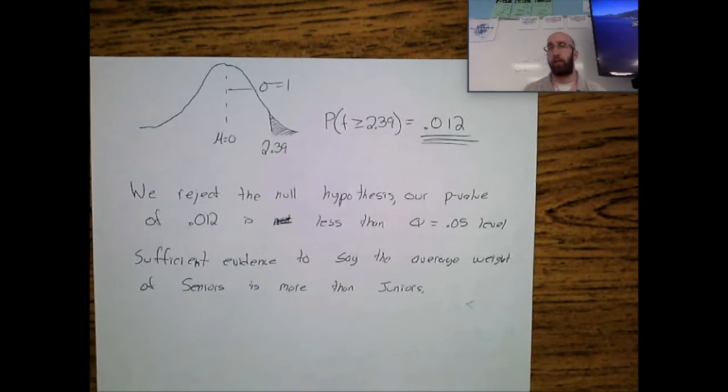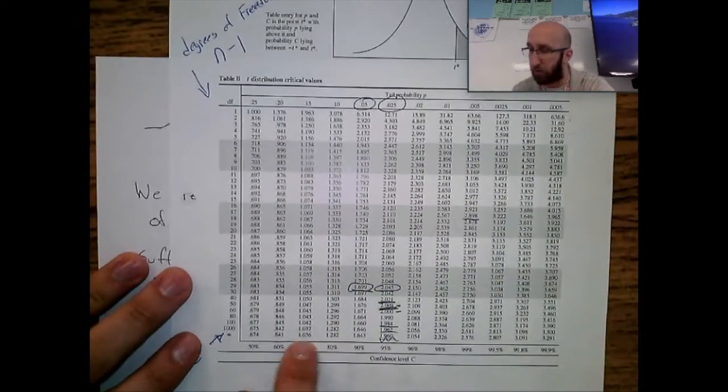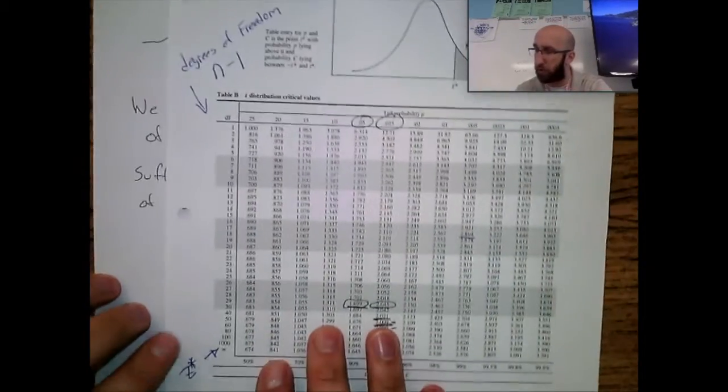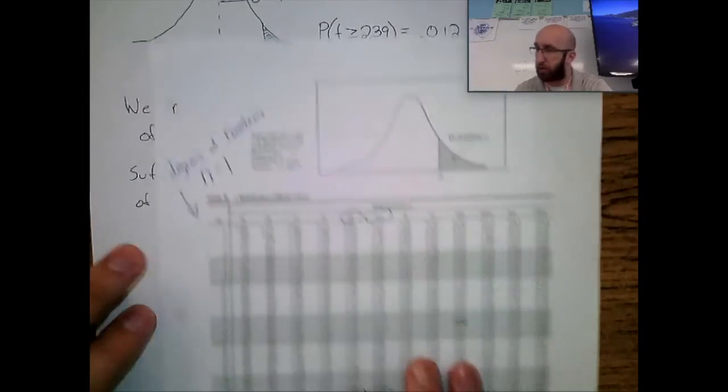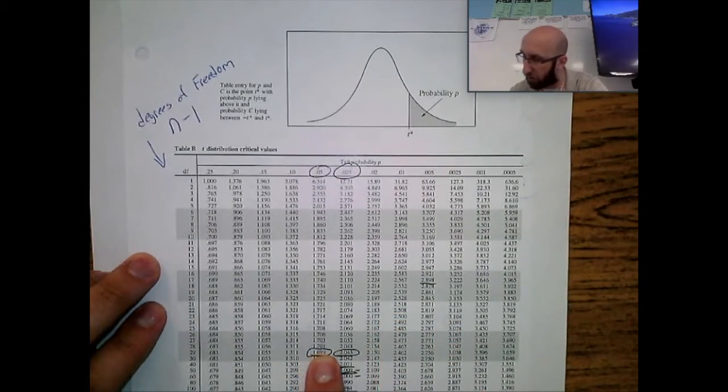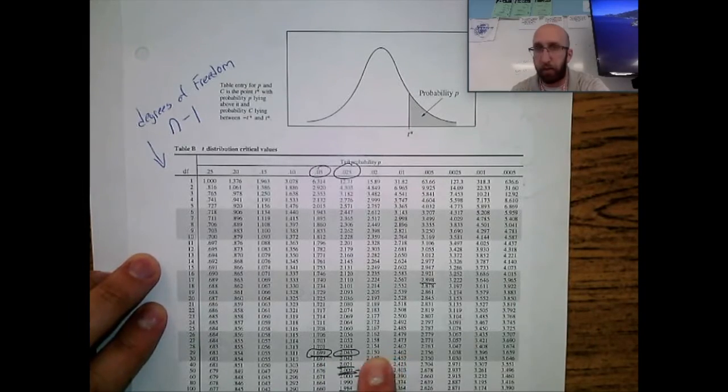If you wanted to get a p-value by a chart, what you would have to do is find your degrees of freedom, which was 28.21. So we're between 28 and 29. And you would look for the closest thing to your t-score, which is 2.39, which would be between these two t-stars here.